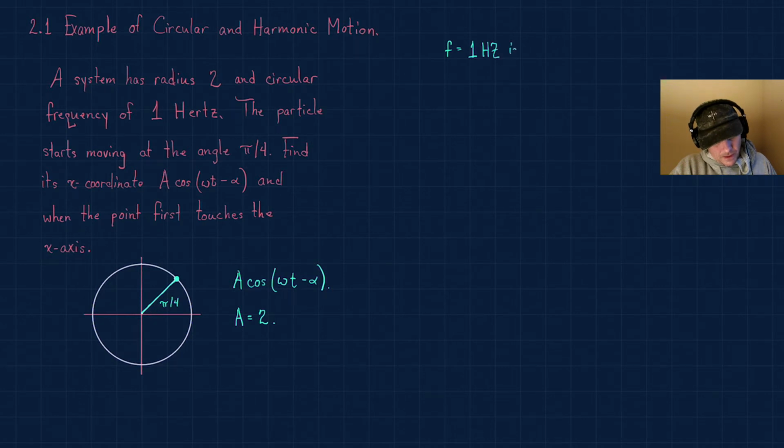Hertz is the number of periods of cosine per unit of time. And I believe hertz are in seconds, so per second.